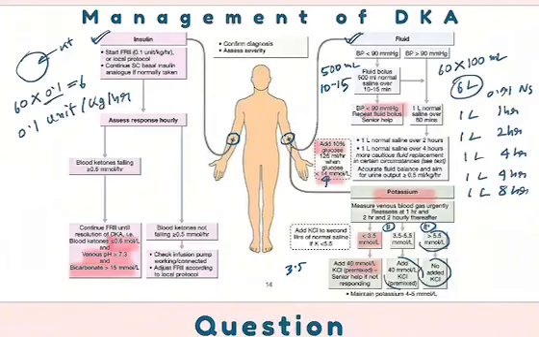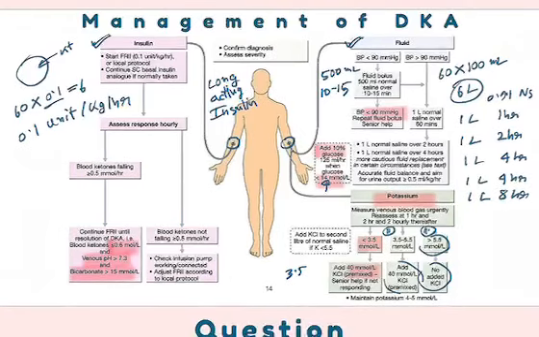But before stopping insulin infusion, we have to give subcutaneous long-acting insulin to the patient. And after fulfilling all the requirements, now you can shift the patient from the ICU to the normal ward, then educate the patient, adjust his insulin dose and advise the patient to take insulin regularly.